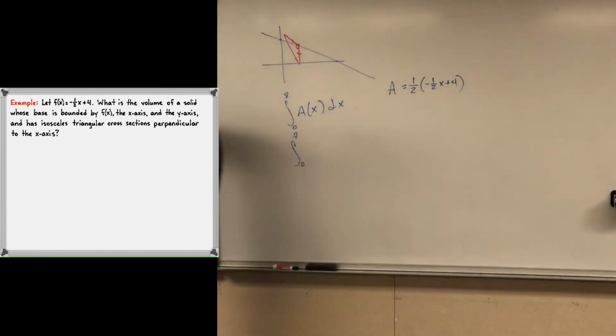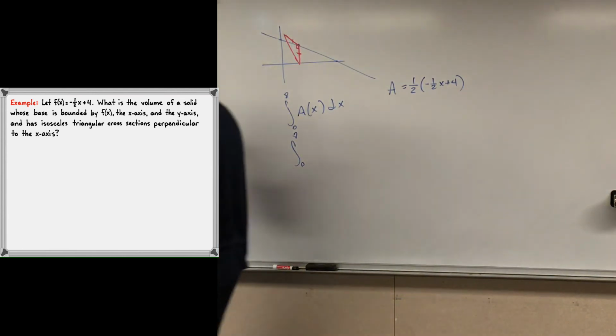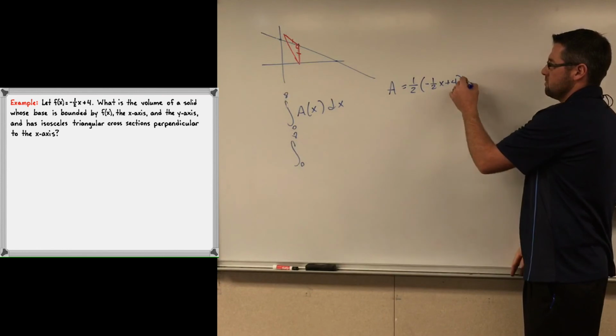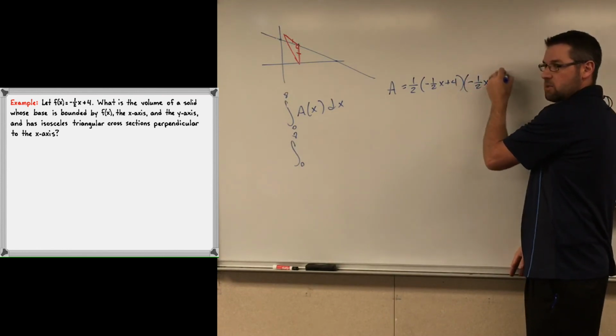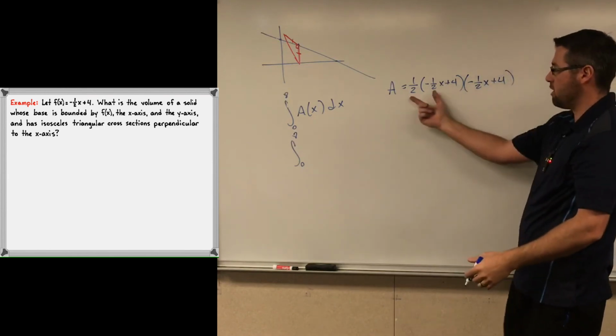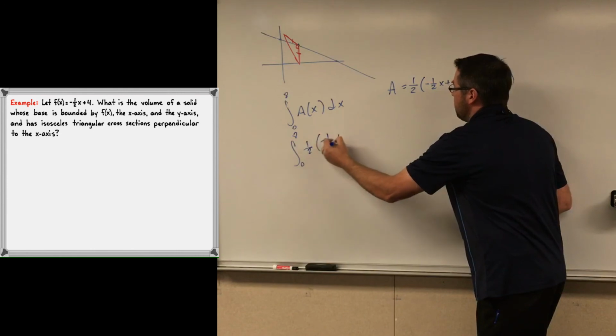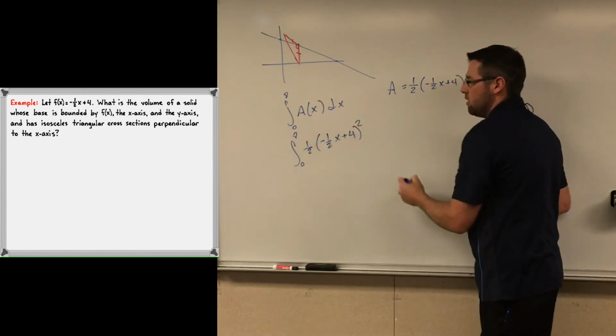It's the function's height, right? This represents the height, right? So this length is f of x. How tall is this? Negative 1/2 x plus 4, because it's isosceles. So that's your area formula. You could simplify that by saying 1/2 of negative 1/2 x plus 4 squared, and then dx.